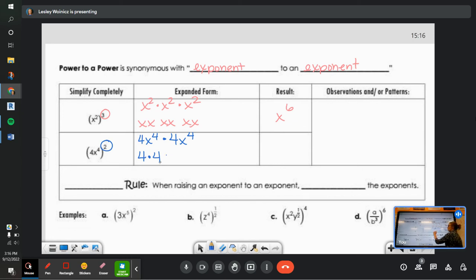So I've got 1, 2, 3, 4. That's one set. 1, 2, 3, 4. That's another set. So what we're getting is 4 times 4 is 16. Keep the base. Yeah. 8th power, good.